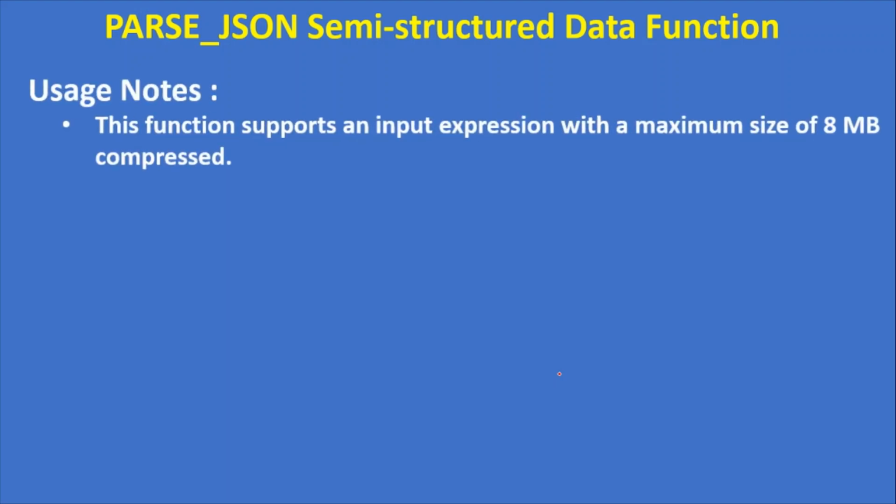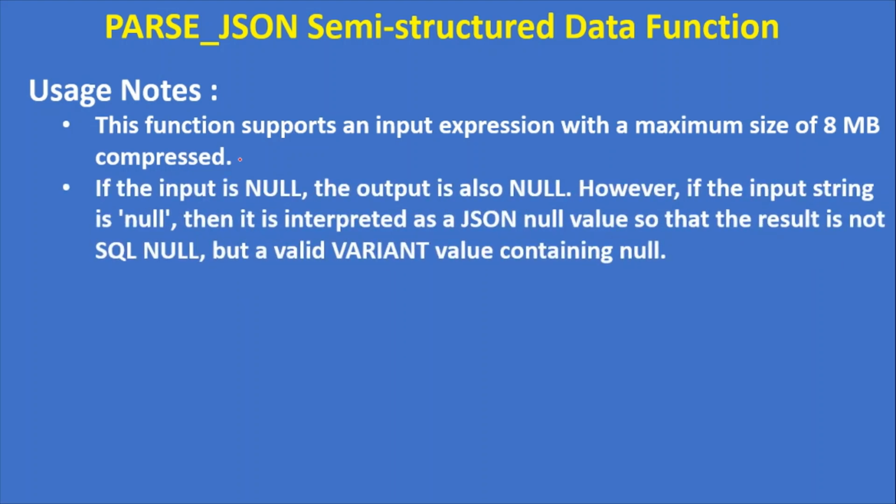Usage notes, these are very important. Before using PARSE_JSON, if you have this usage notes information, then you know where exactly you have to use this PARSE_JSON semi-structured data function. This function supports an input expression with a maximum size of 8 MB compressed.